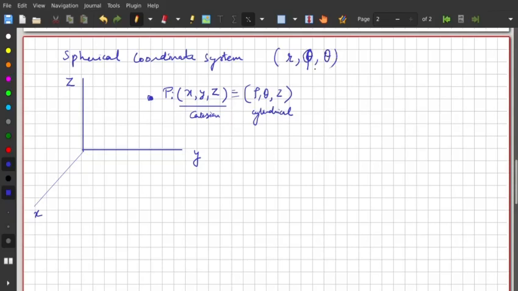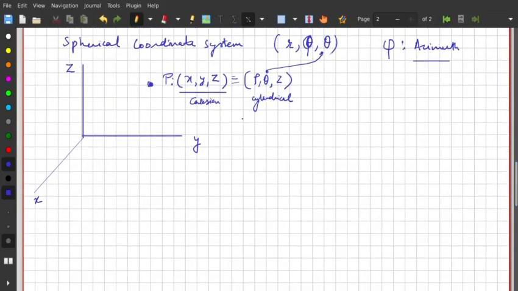Note, by the way, in the cylindrical coordinate system we use this theta, and here also we have theta. These two are different, we will see. In cylindrical coordinate system, theta is the azimuth angle, and in spherical polar coordinates, phi is the azimuth angle. So this point, the distance of that point from the origin is r.